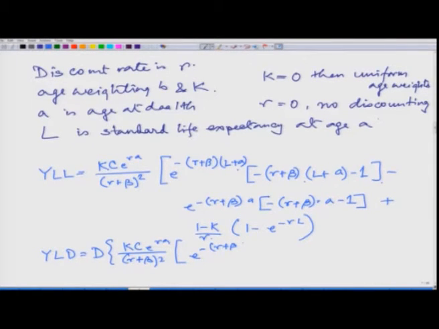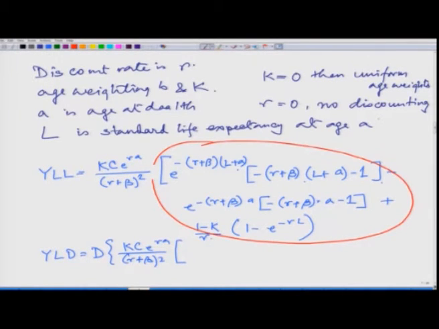So this component I will just mark as tau, the rest are the same. So this is how we estimate it, the bracket closes here.